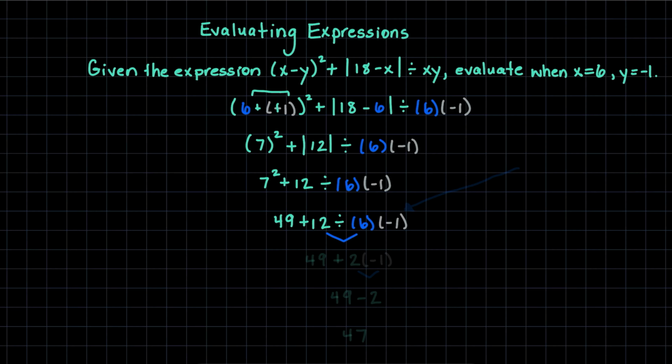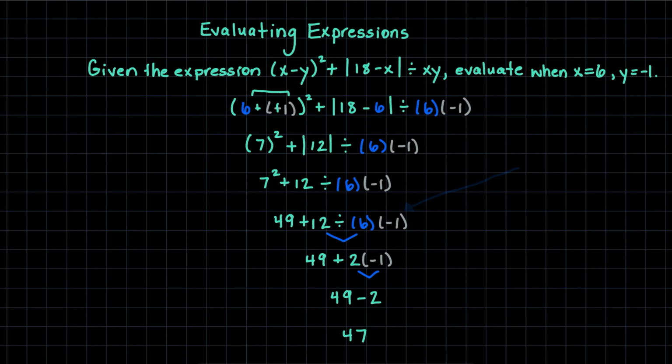So the first I come upon is 12 divided by 6, which is 2. So now that's 2 times -1. We still have multiplication and division. 2 times -1 is -2.